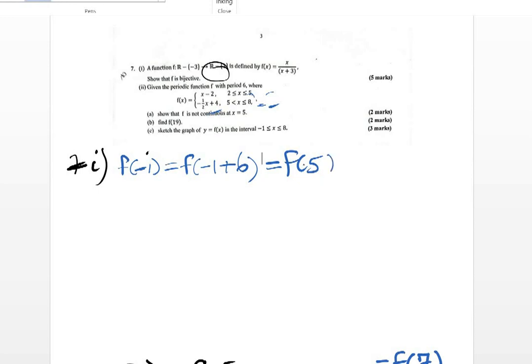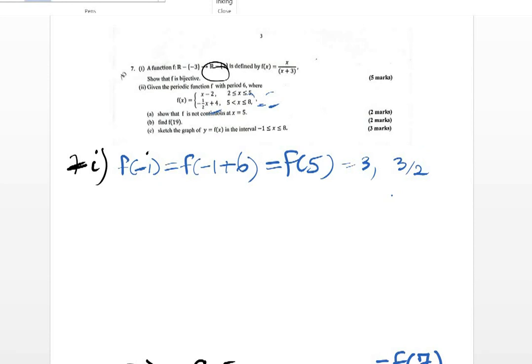So we have f of 5. Is there a range there? Yes, above and below. We have two values. Strictly from below it will be 3, and for the one above it will be 3/2.